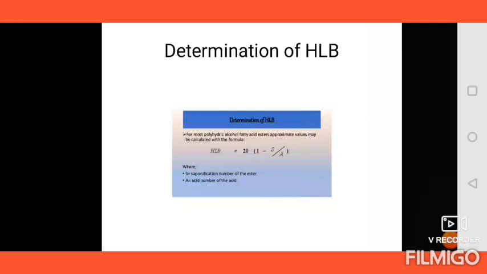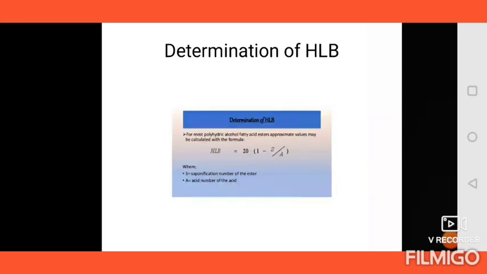Determination of HLB: for most polyhydric alcohol fatty acid esters, the approximate value may be calculated with the formula HLB = 20 (1 - S/A), where S is the saponification number of the ester and A is the acid number of the acid.